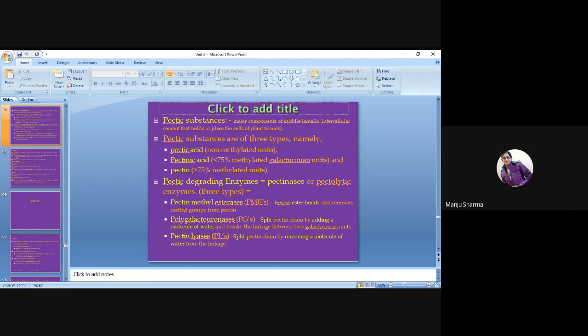The same enzymes degrade the cell wall, and after degradation of the cell wall, the pathogen can enter inside the plant, and then start its multiplication. That's why enzymes have a very important role.